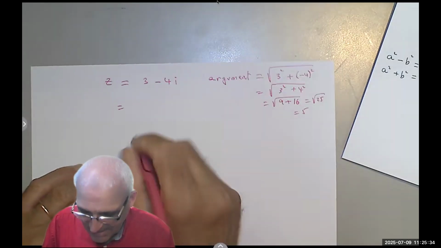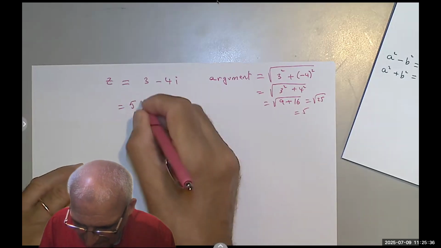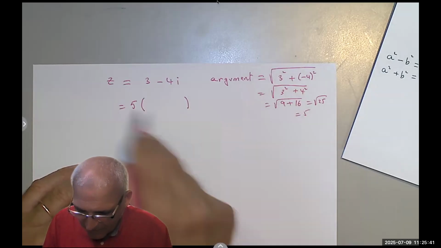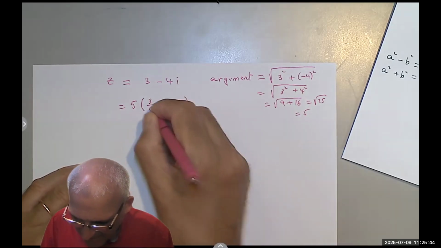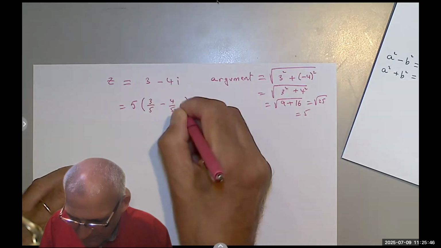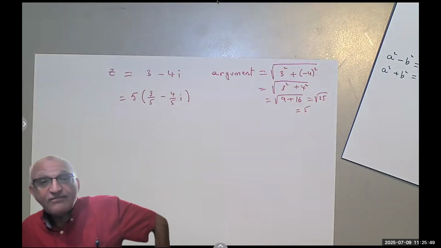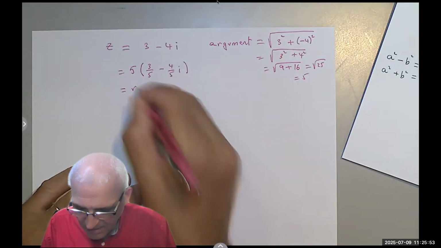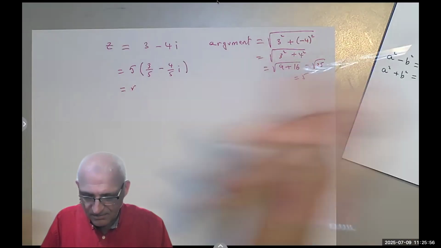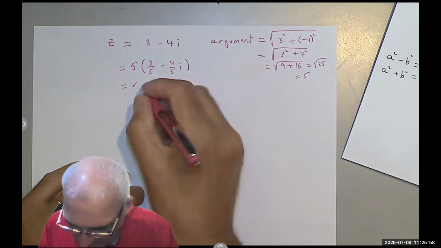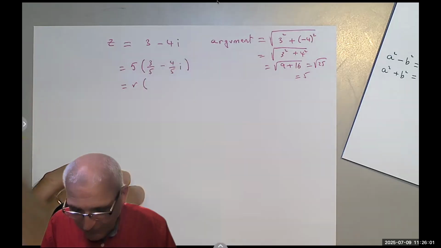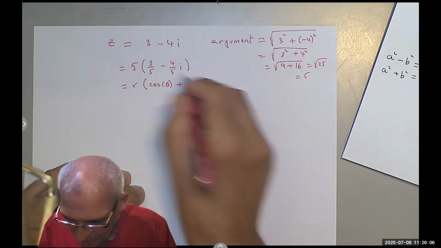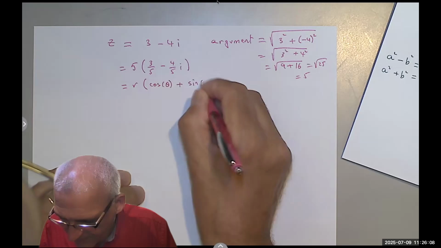So I can write z as 5 times, if I multiply out by 5, I divide inside by 5. So if I write it like that, this would be represented as r, which is the argument, but we usually refer to it with the letter r. 3 over 5 here, check it for yourself, would be the cosine of theta, plus the 4 over 5 is the sine of theta.